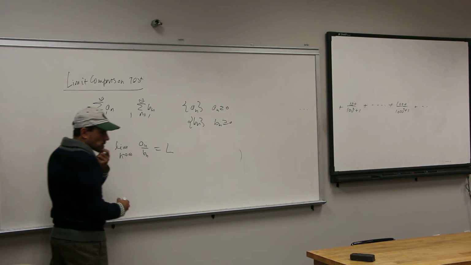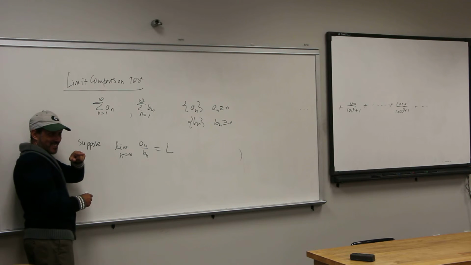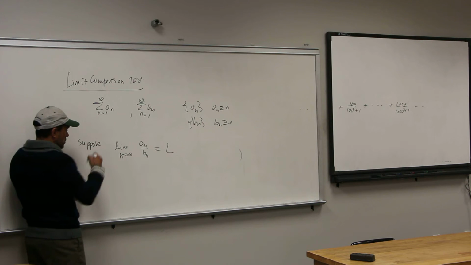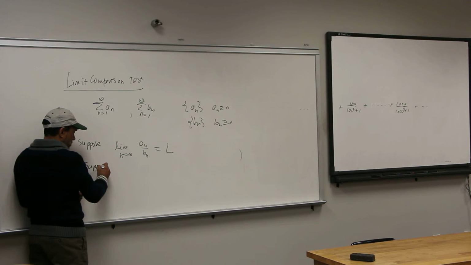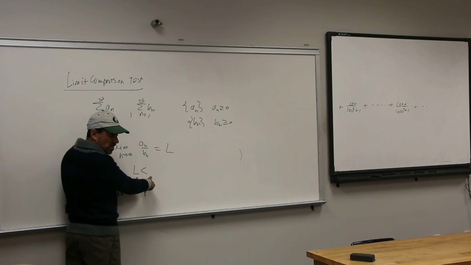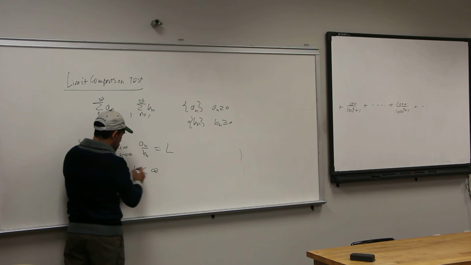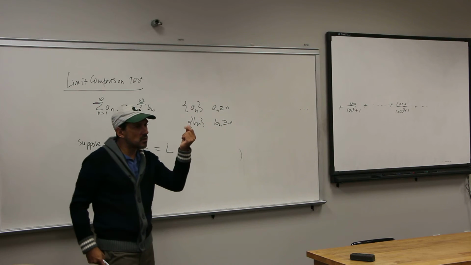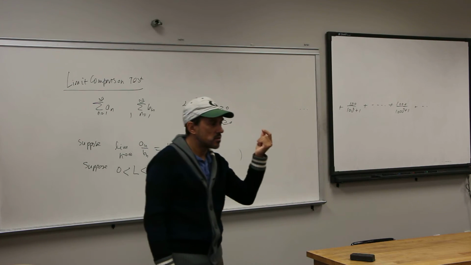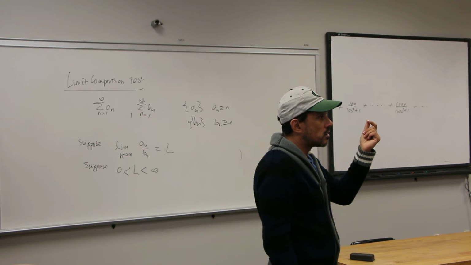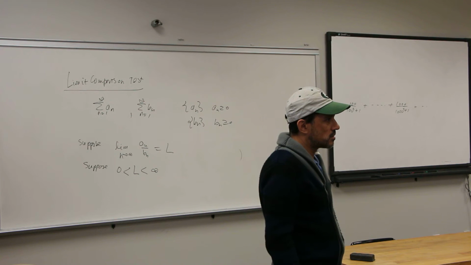But let us suppose, this is the hypothesis, and you will have to show it, L is strictly less than infinity and strictly greater than 0. So that number is like 2/3 or 3/4 or 10.